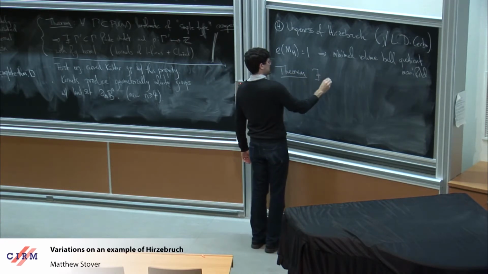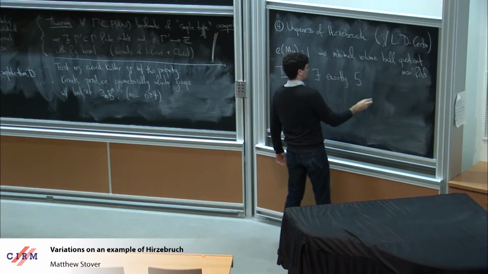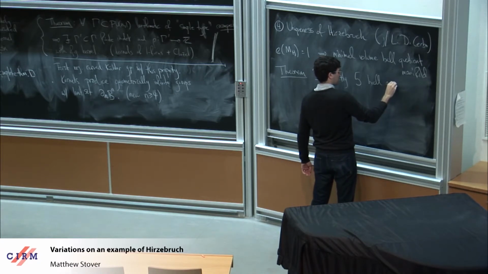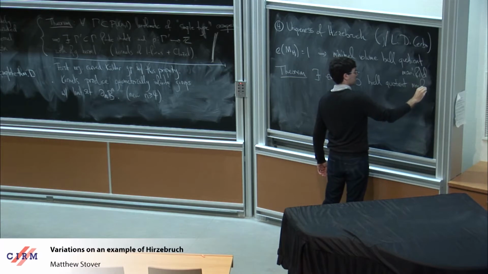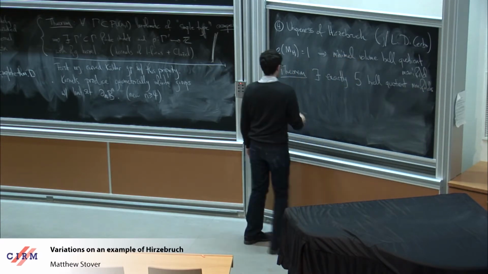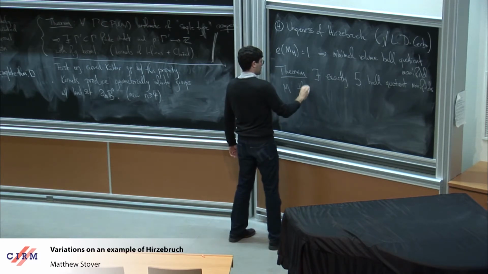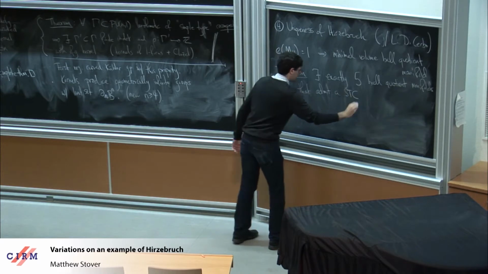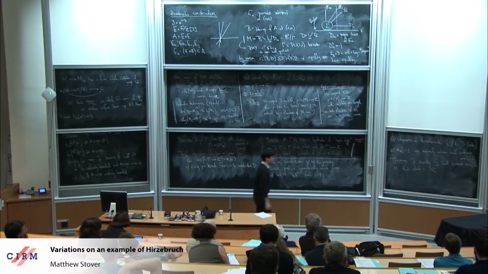And the theorem is that there exist exactly 5 manifolds M, and this is the critical ingredient. I know more examples.